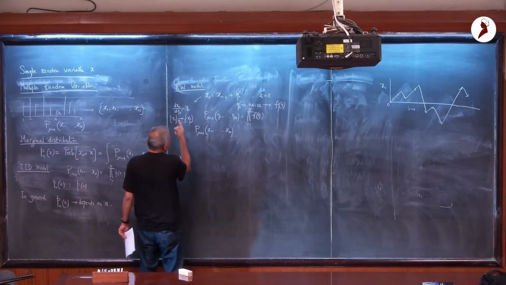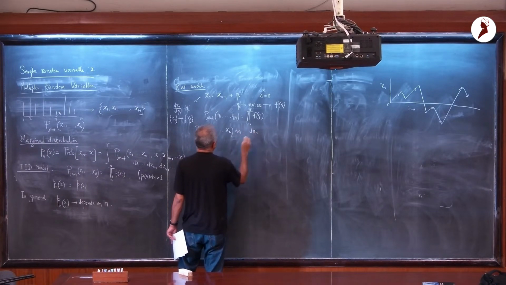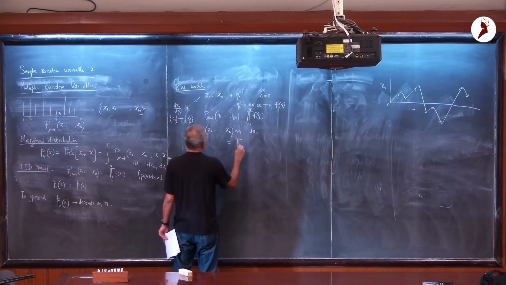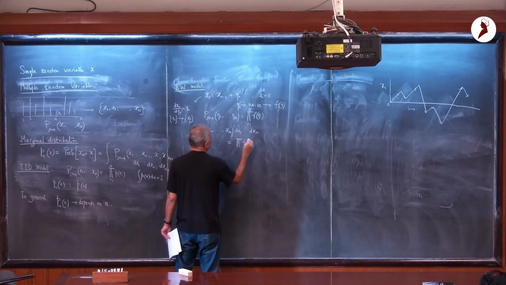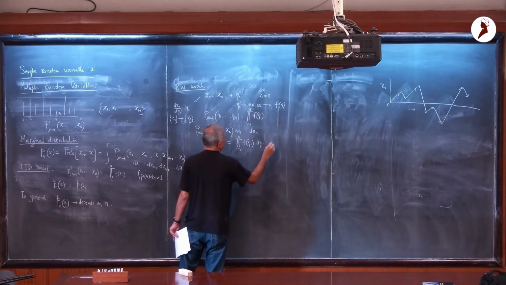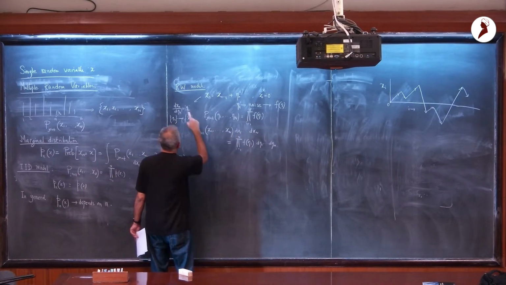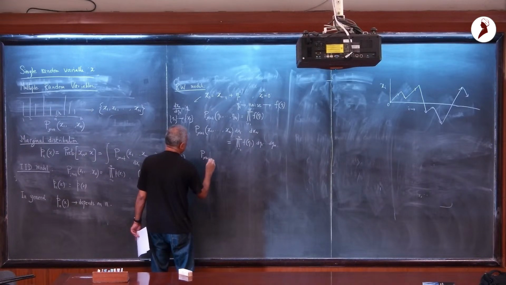So the Jacobian is just 1, and therefore the joint distribution of the x's is the same as the joint distribution of the etas, which is the product of f of eta i.